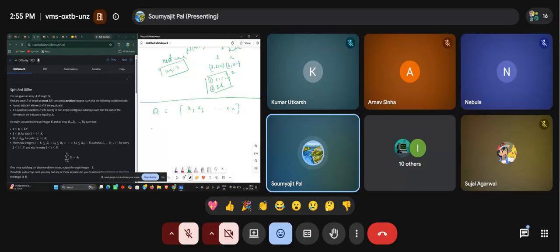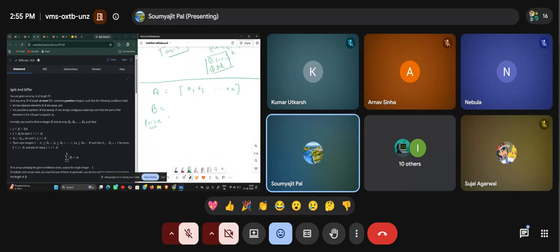In this, you have to construct an array B whose length must be at most 3n, right? But there is some condition: no Bi should be equal to Bi plus 1. Okay, this is the first condition. My adjacent elements must be different.